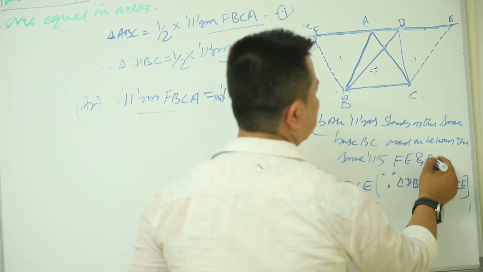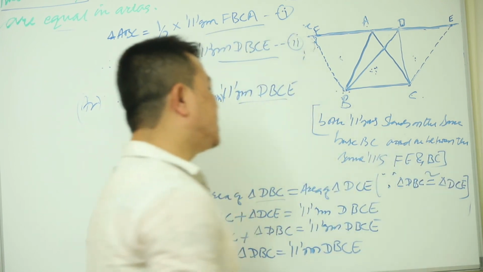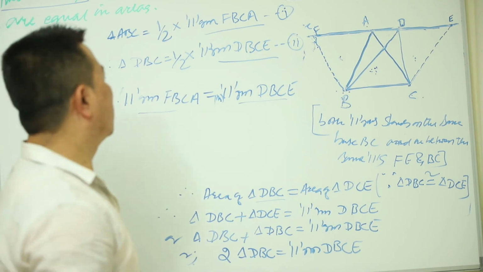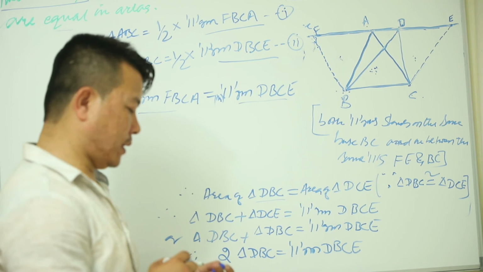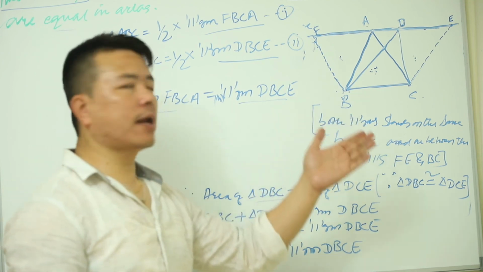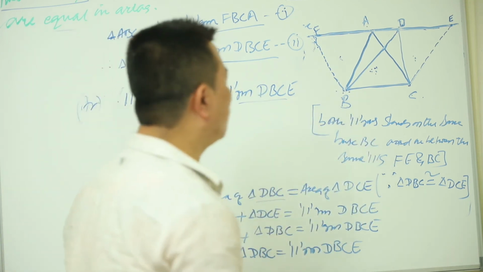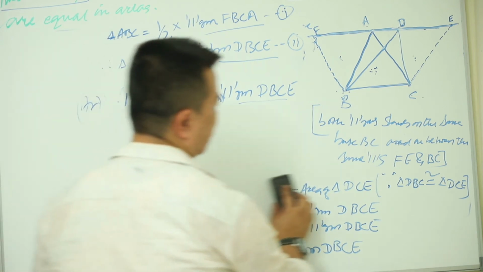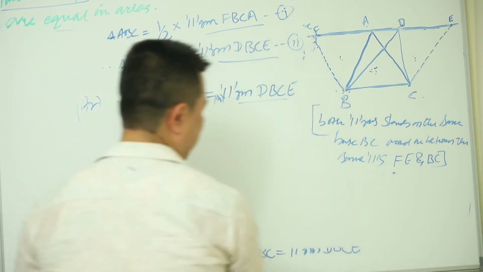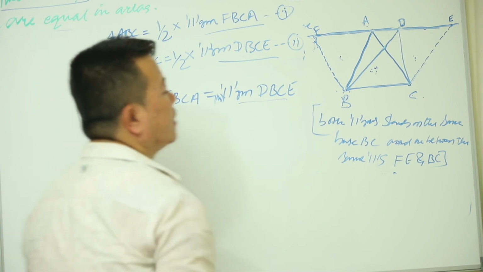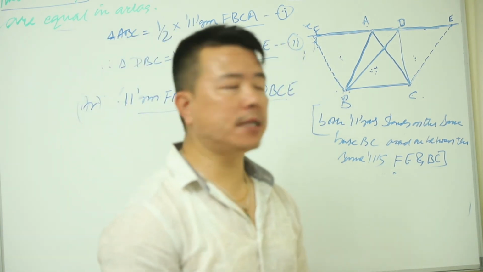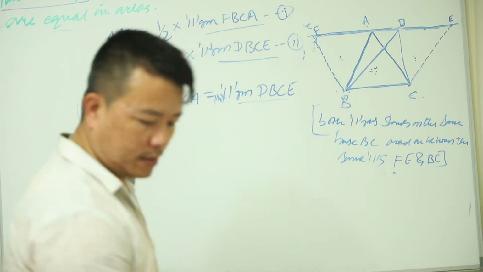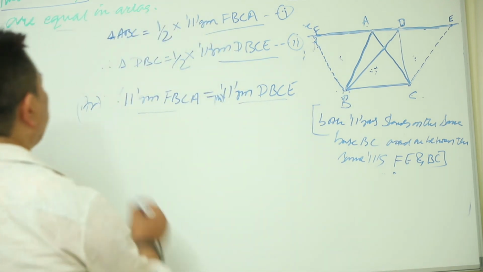So these 2 reasons are enough to prove that their areas are equal. This property of a parallelogram we have done in previous classes while doing the theorems on parallelograms. Once again I repeat, when 2 parallelograms stand on the same base and are between the same parallels, then their areas are equal.